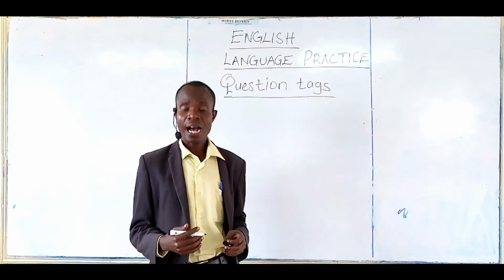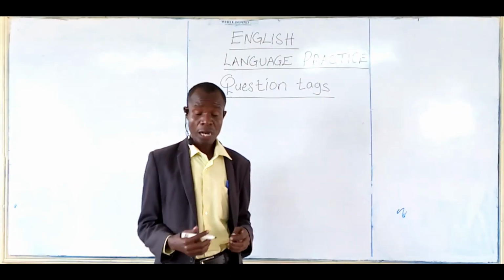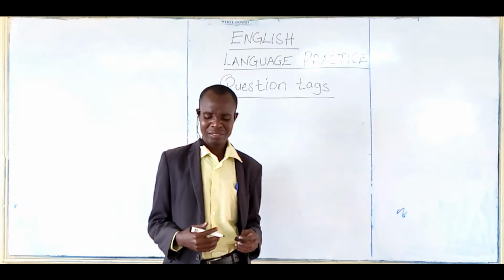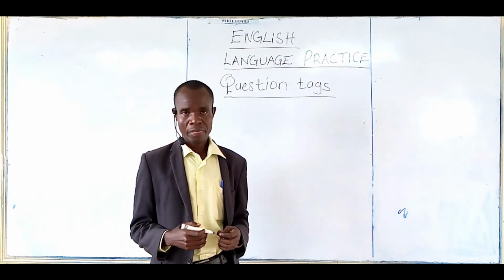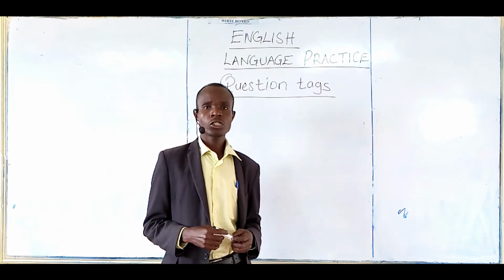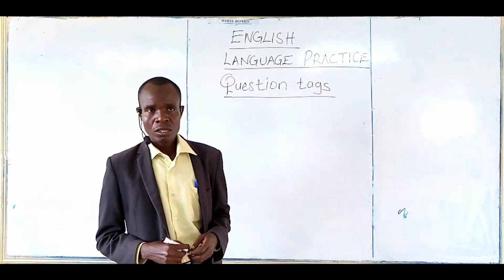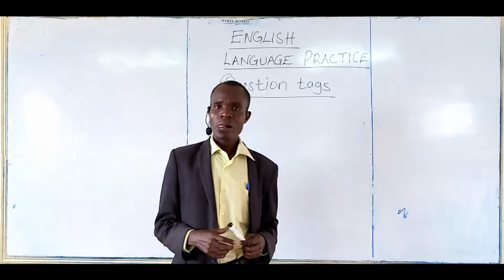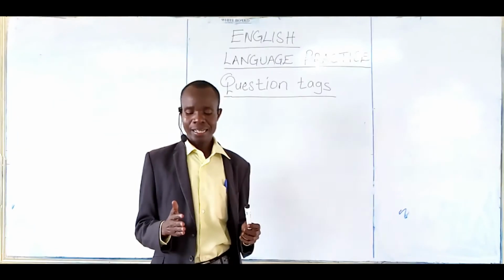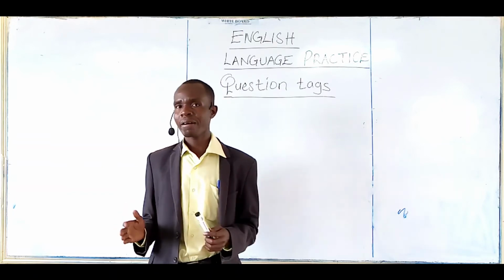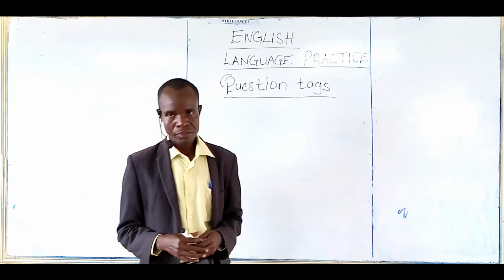Before I move on, as we tackle question tags, we have 3 key rules that we need to observe. Rule number 1, we separate the statement and the question tag by a comma.